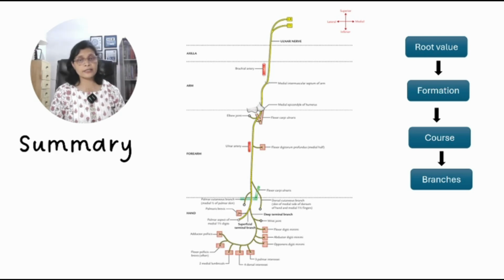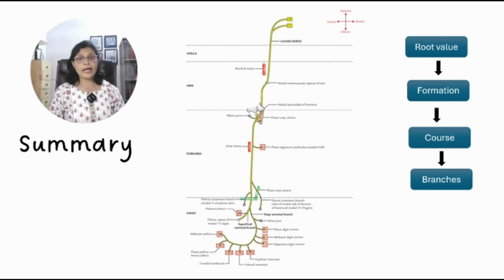And in the distal part of the forearm, it gives the dorsal cutaneous branch, which supplies the medial third of the skin over the dorsum of the hand as well as the skin over the medial 1.5 fingers on its dorsal surface. The ulnar nerve then runs superficial to the flexor retinaculum and distal to the pisiform bone.